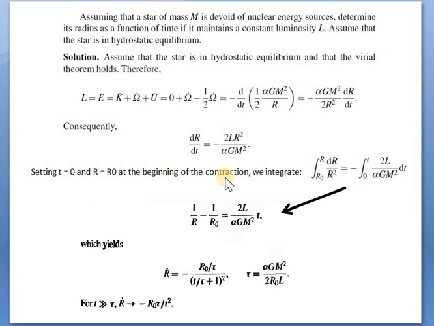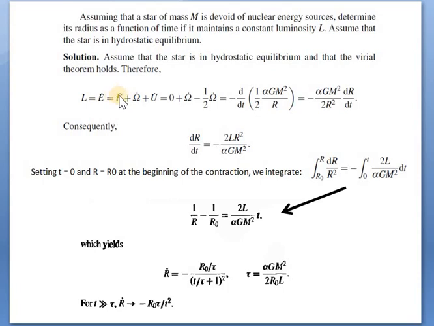Now, if we do assume that the star is still in hydrostatic equilibrium, then the Virial theorem holds, and then we can write the total luminosity as the time derivative of the total energy. And we already found the expression. Remember, the energy is a sum of three terms, and we can write it down.